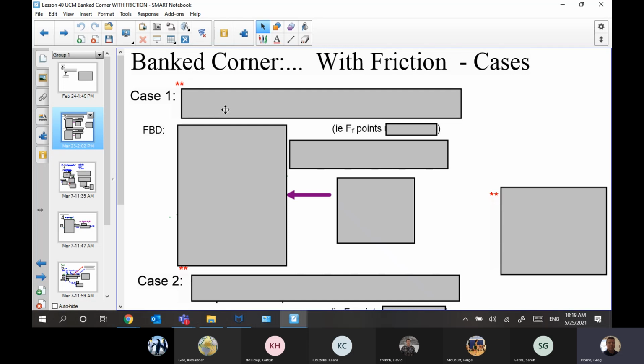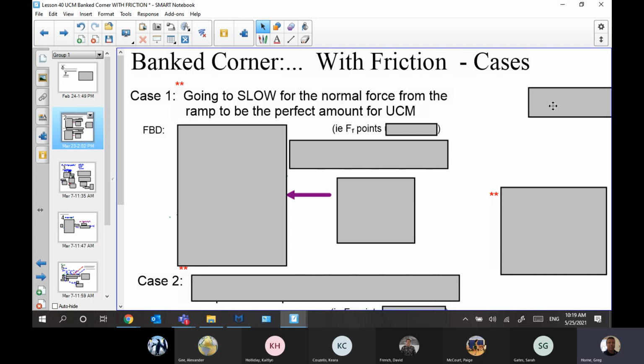So if we have friction, then you could think of the friction as either holding you from going out further, if you're going faster than the ideal speed, or holding you from falling down, if you're going slower than the ideal speed, right? So there's going to be two cases as a result.